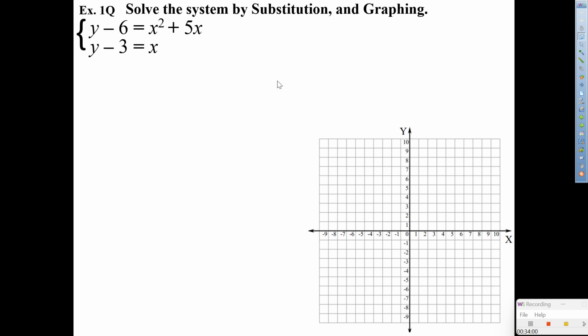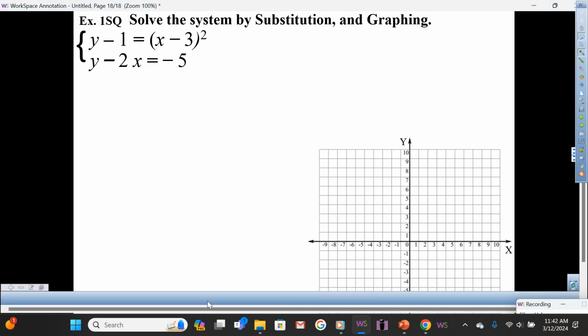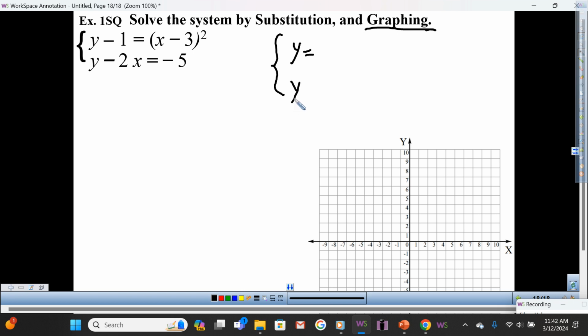All right, set that aside. What I do want to get to is this one. I'm going to focus right now on graphing because we know how to solve this algebraically. For graphing, both of them need to be equal to y. Is that correct? This top one, what do I need to do to make it equal to y?